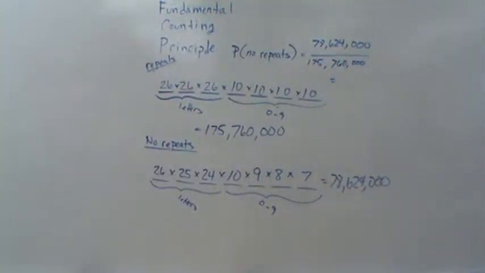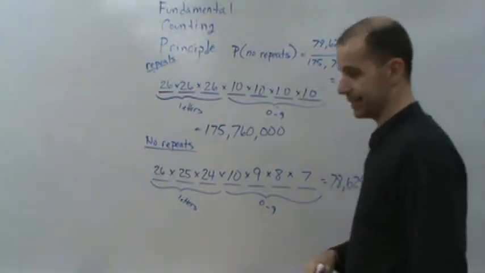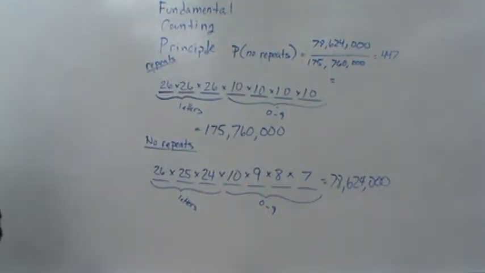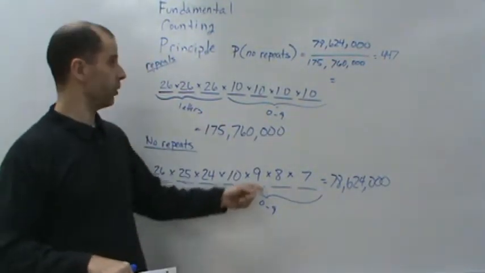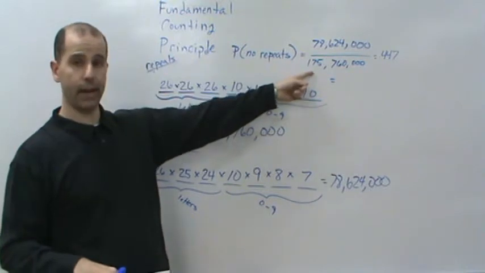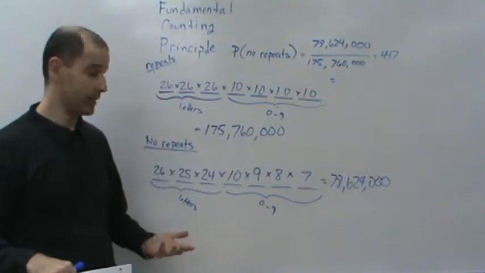Well, let's find out. 0.447. And that's it. So there's an example of where we used the fundamental counting principle to figure out what number goes on top and what number goes on the bottom in order to calculate a probability. That's really the way you would attack it.